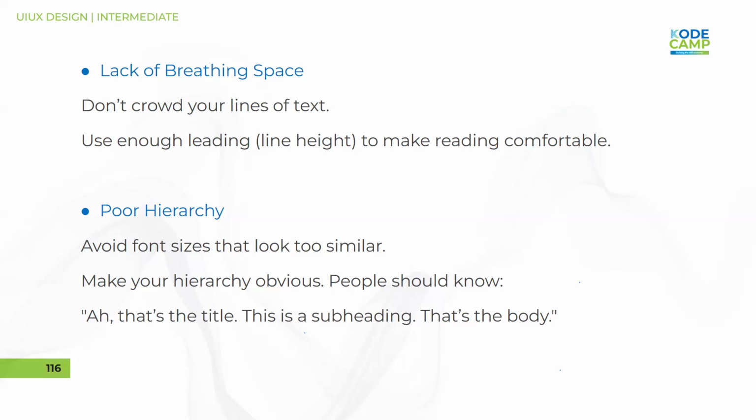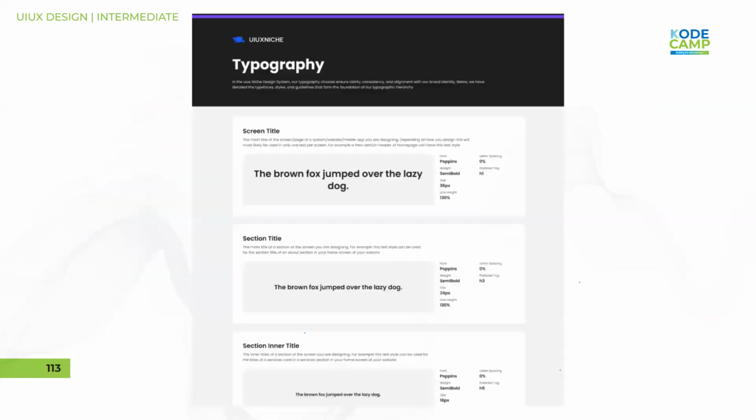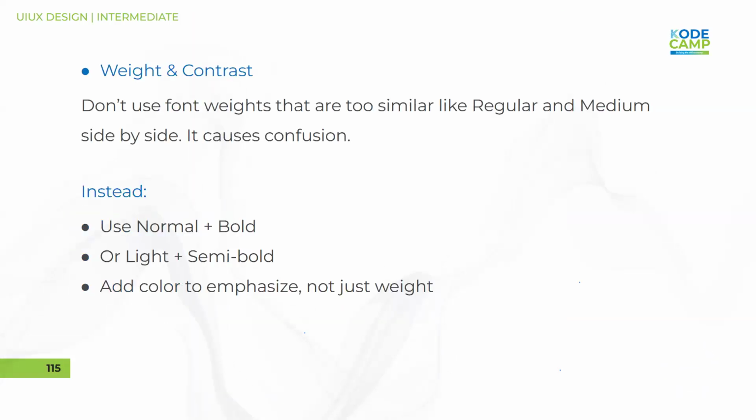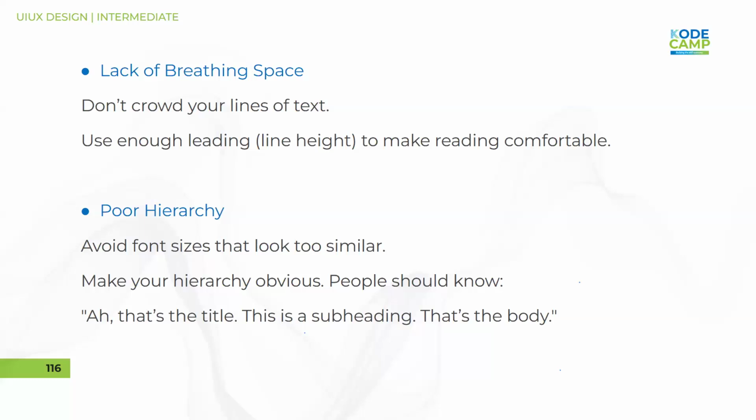Make your hierarchy obvious. People should know, oh, that's a title, that's a subheading, and that's a body. If you look at this image, the first one is our header, the second one can be our subheader, and the last one is our body text. So don't use things that are similar, so as not to confuse the users.